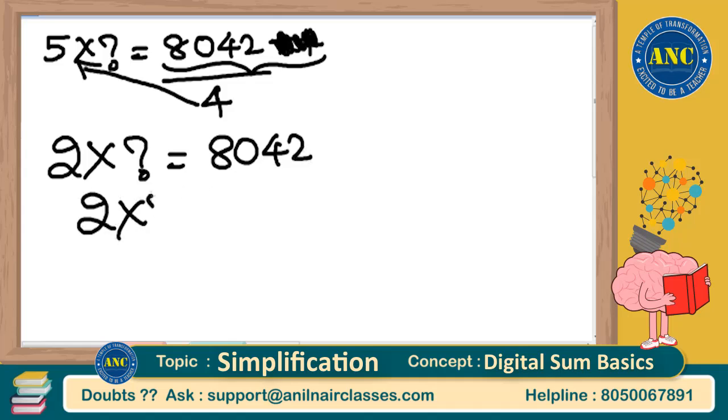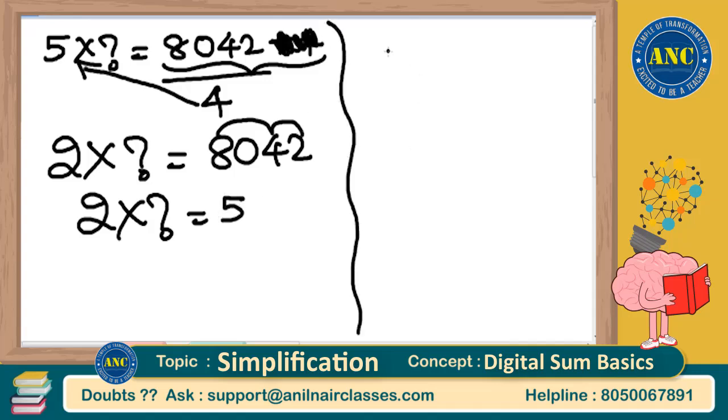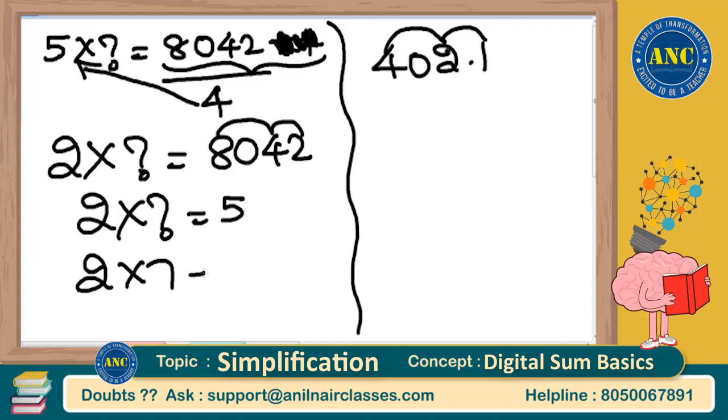So it is 2 into question mark; 8 plus 4 is 12, 12 plus 2 is 14, 14 digital sum is 5. What is the answer which we got? 402.1. 4 plus 2 is 6, 6 plus 1 is 7. 2 into 7 is equal to 5. Yes, 14 is equal to 5 because the digital sum of 14 is also 5.